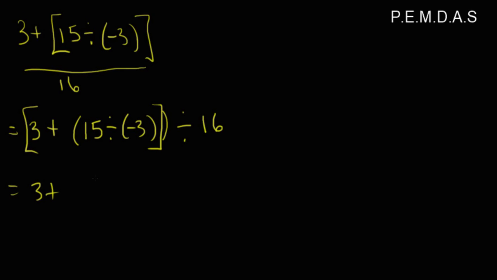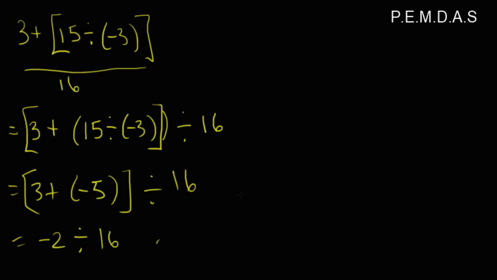We have 3 plus 15 divided by negative 3, which is negative 5. So we're going to divide that by 16. We've got to work the brackets first. We have 3 plus negative 5 is negative 2, divided by 16.